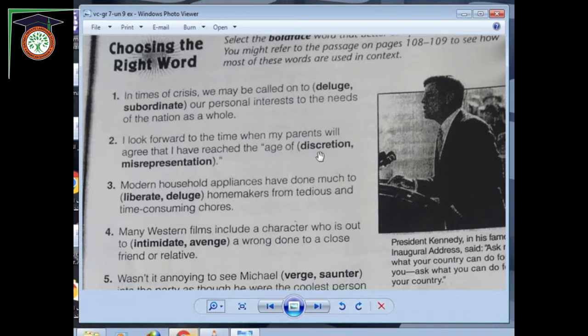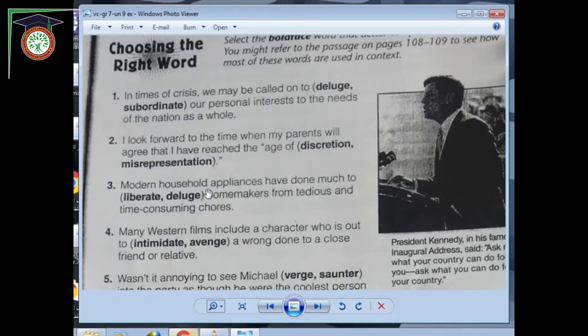Age of discretion, wisdom, good judgment, or misrepresentation, false ideas or so. What do we call it? My parents will agree with me when I reach the age of what? Age of wisdom, the age when I can tell the difference between right and wrong well. The age of wisdom, age of good judgment, and so on. So this is the word, discretion.